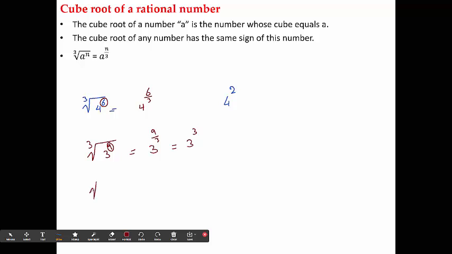If we have the cube root of 4 to the power 3, we will also divide the power inside the root by the number of the root, so it will be 3 over 3, which is equal to 1. In other words, we can cancel the power by the root.